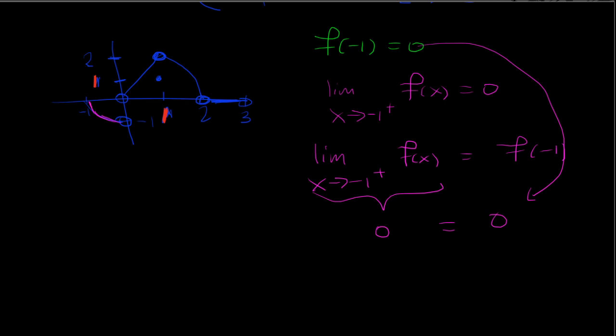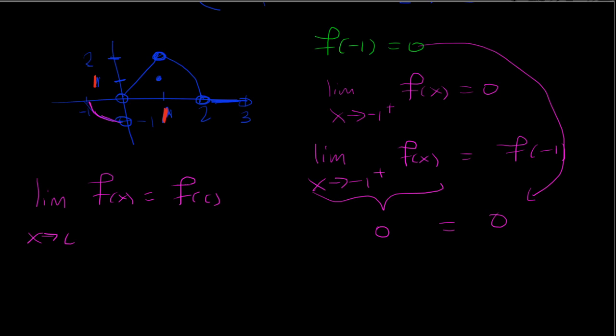And finally, is f continuous at x equals negative 1? The answer is yes, because the limit is equal to the value at x equals negative 1. So by definition, it's continuous at a point if it's the same value at that point.